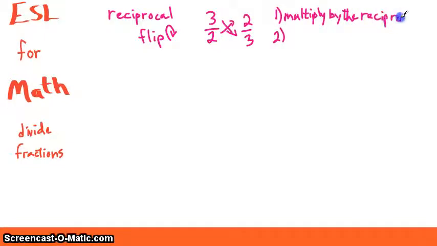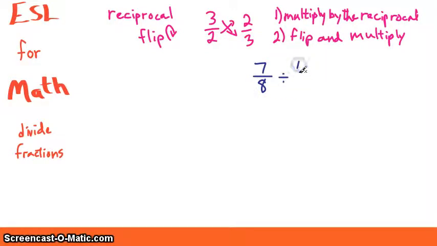And the second method that people will tell you is flip and multiply. So you will come out to get the same answer, everything exactly the same no matter which one of these you do.